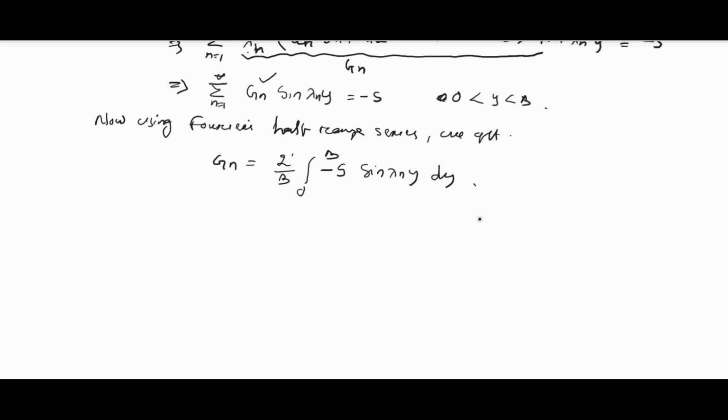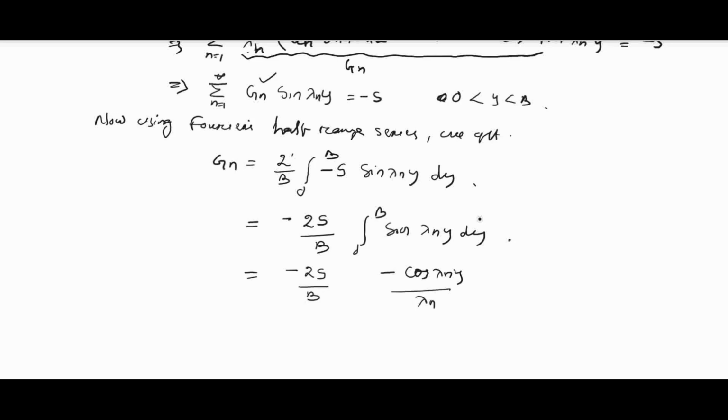So this is equal to minus 2s by b integration from 0 to b sin lambda n y dy. This gives minus 2s by b, then the integration of sin lambda n y, which is minus cos lambda n y by lambda n, with limits 0 to b.